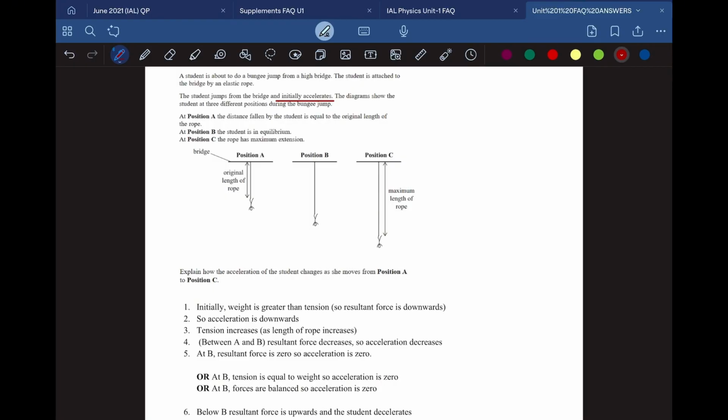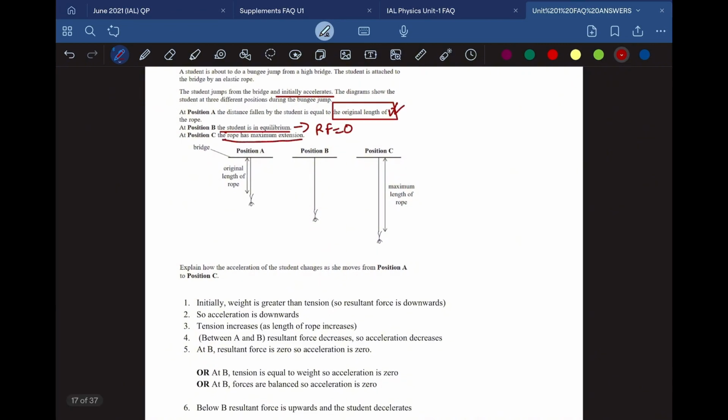So here, the distance that the student has fallen is equal to the original length of the rope. And then it says the student is in equilibrium. In equilibrium means the resultant force is 0, and here the rope has maximum extension.